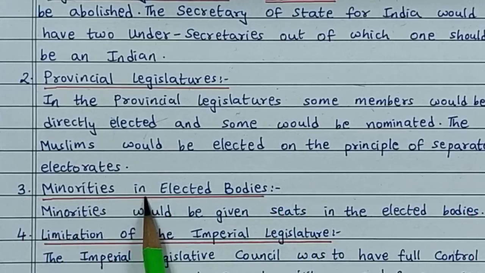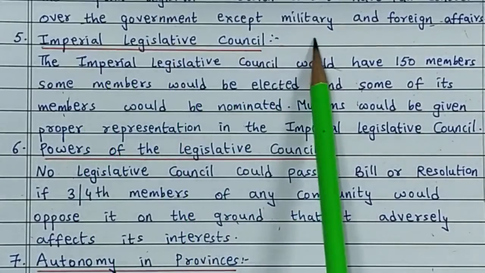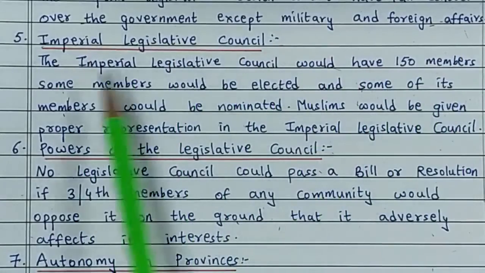Third, minorities in elected bodies. Minorities would be given seats in the elected bodies. Fourth, limitation of the imperial legislature. The Imperial Legislative Council was to have full control over the government except military and foreign affairs.